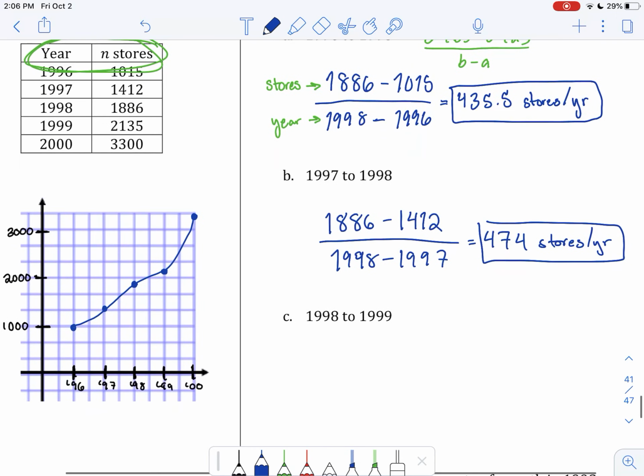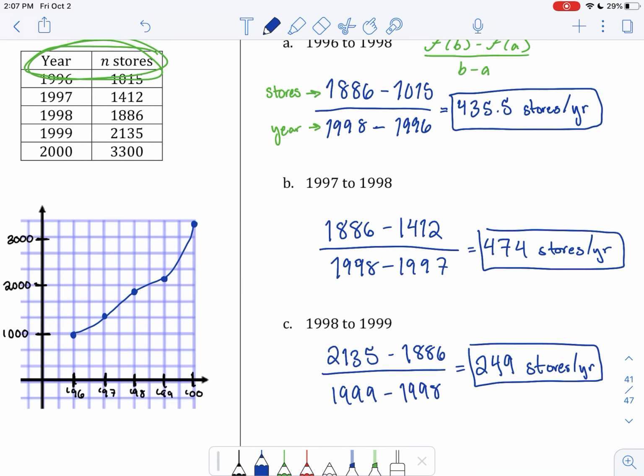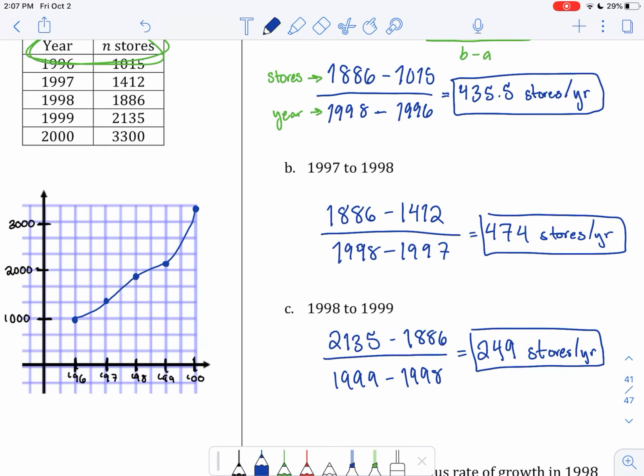And then the last one, which is from 1998 to 99, 1999 minus 1998 in the denominator, and there were 2,135 stores in 1999, which means that year the growth dropped to just 249 stores per year. Now, these find the separate secant slopes from 96 to 98, 97 to 98, and 98 to 99.